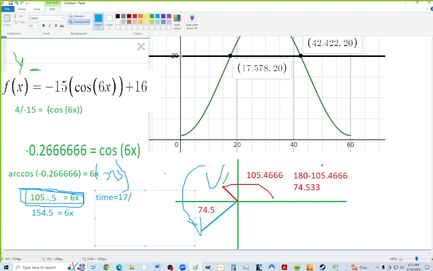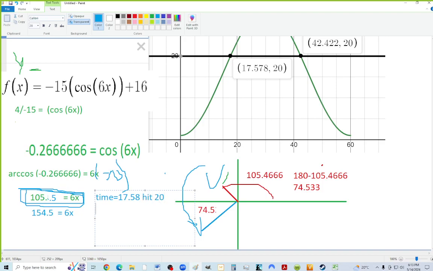Okay, 17.58 will do it. Does my Ferris wheel go around in 60 seconds? Yes, 60 seconds. So this isn't my x-axis time then, if my Ferris wheel goes around in seconds, isn't this time? So it looks like at time 17.58, I hit a height of 20.